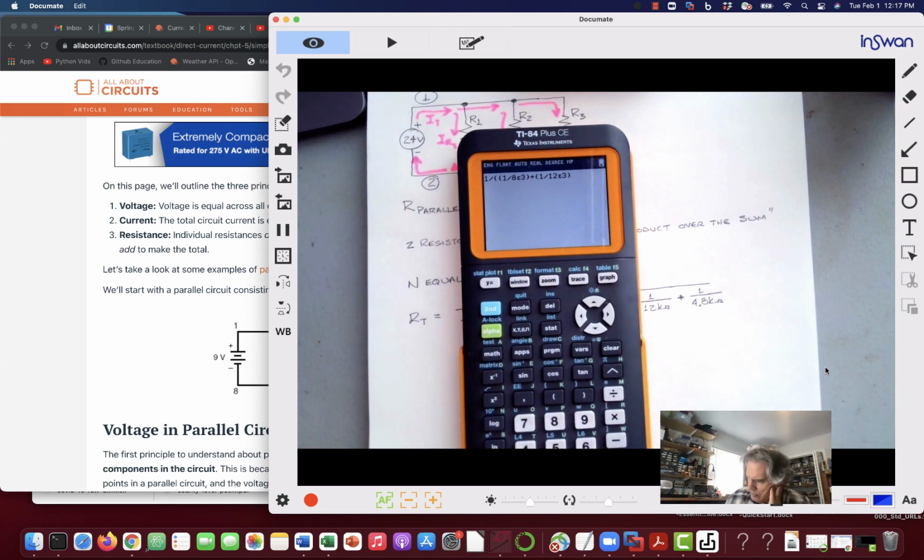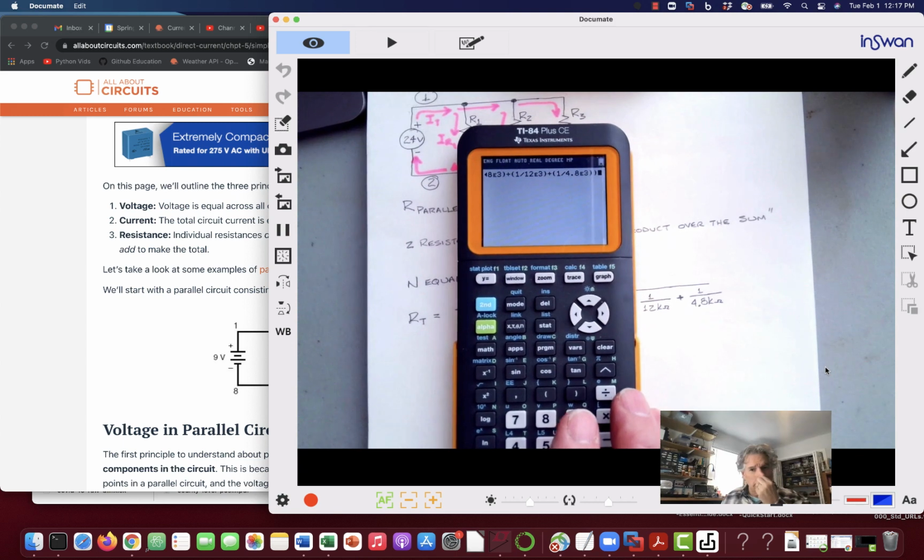And to that parenthesis plus 1 divided by 4.8 times 10 to the third. We end that, and then we put another parenthesis in for the entire denominator.